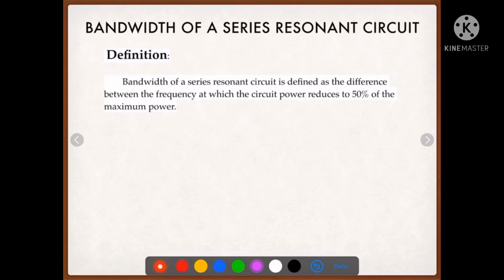Supposedly if we are sending a signal to a particular area, we are supposed to tune our transmitter for a specific range of frequency. So bandwidth tells us the range of frequency for which we can tune our circuit.